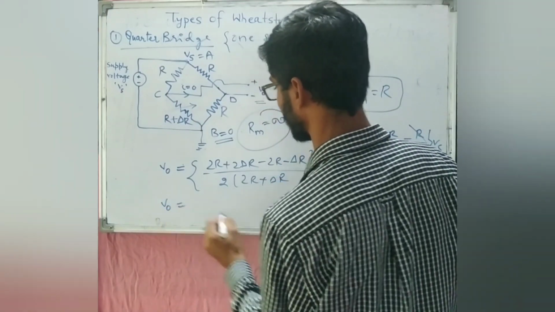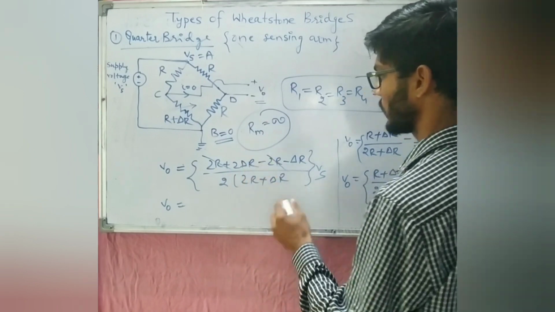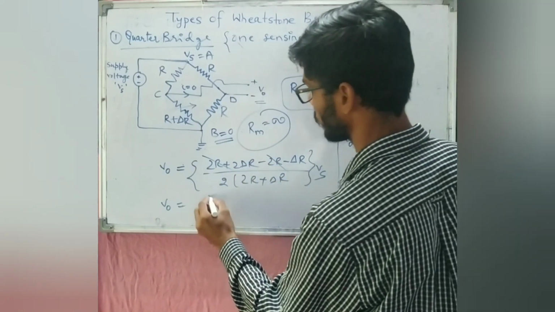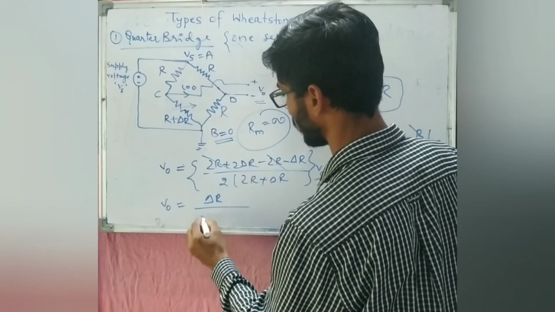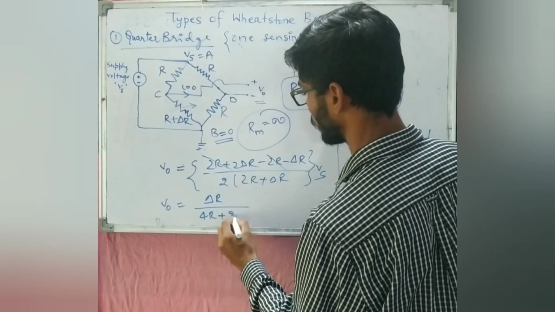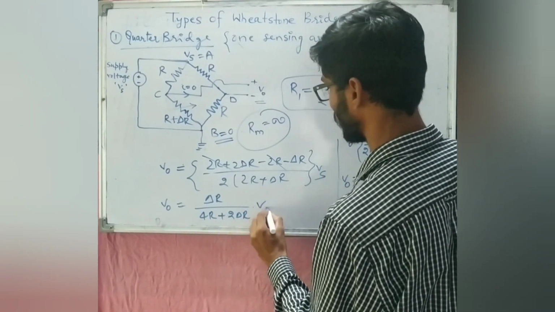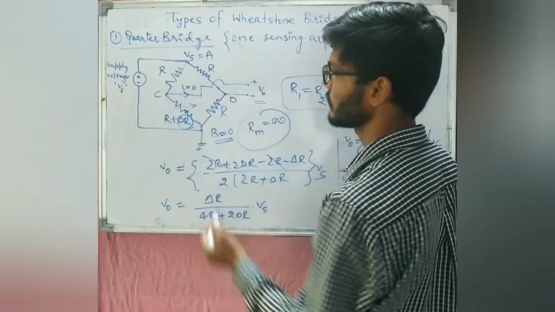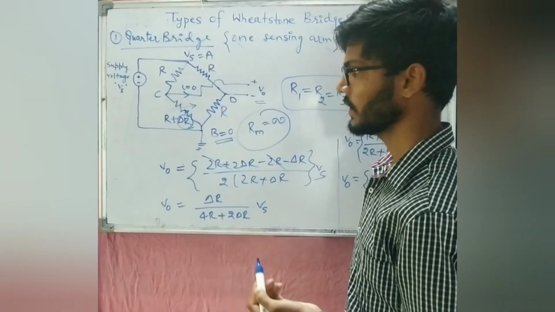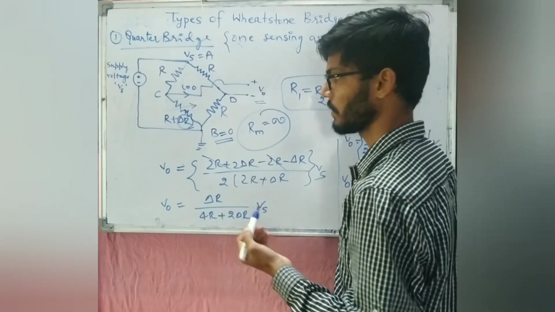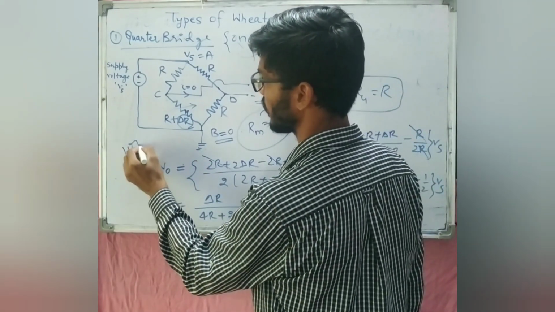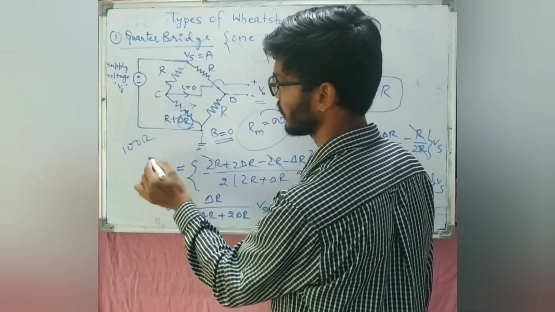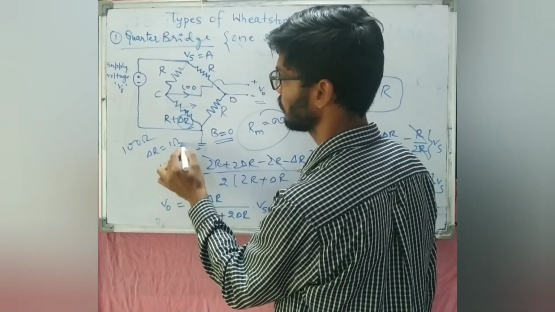So V naught is equal to, 2R and 2R get cancelled, 2 delta R minus delta R is going to be delta R, and then 4R plus 2 times delta R, into Vs. And as we know, the variations in resistance are going to be very small, they are not going to be very much. For example, if R is 100 ohm, the delta R value is not going to be more than 1 ohm.